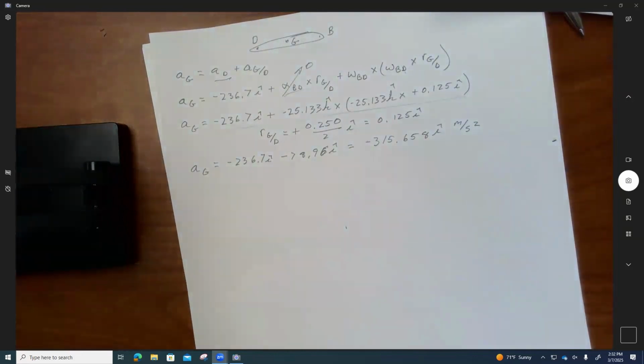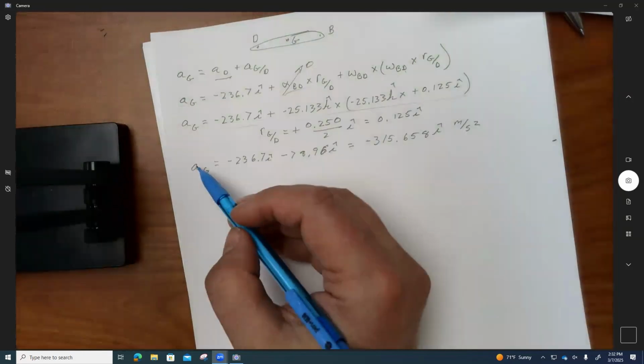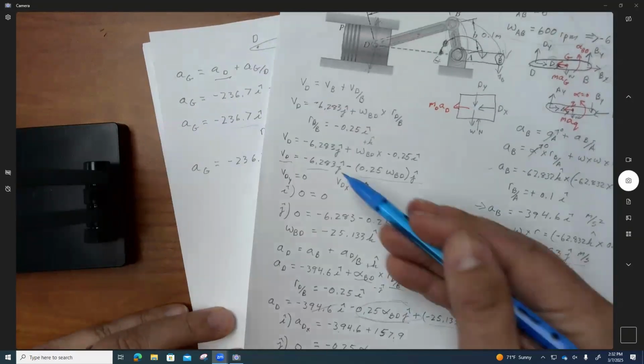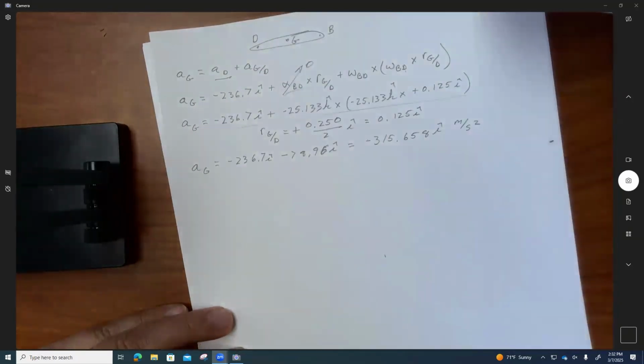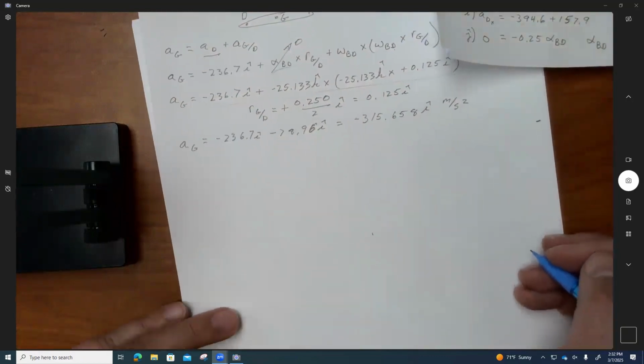Now, we found all of the accelerations that we need. We've found all the velocities that we need. Let's start looking closer at our forces.